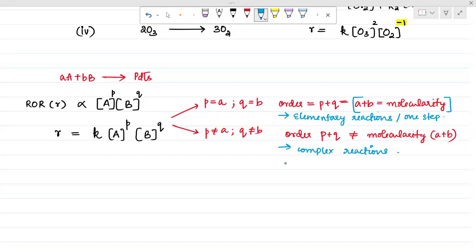So you need to know what elementary reactions are for moving into the next part of kinetics. Very simple. The sum of the powers, which is equal to the order, will be equal to the sum of the coefficients. That's all.